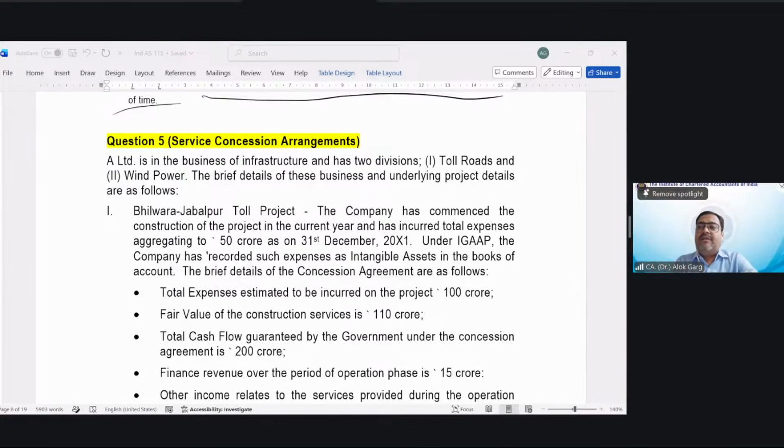They have entered into an arrangement or a contract with a private party, ABC Alok Garg Private Limited, to construct a highway from Delhi to Meerut. So this government entity or government is known as a grantor, and the private party is known as an operator.